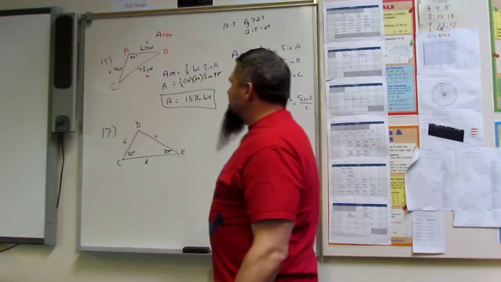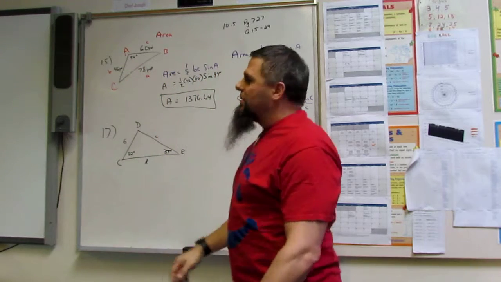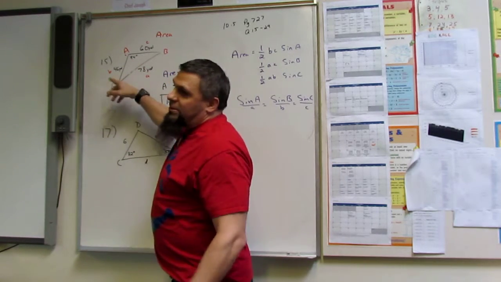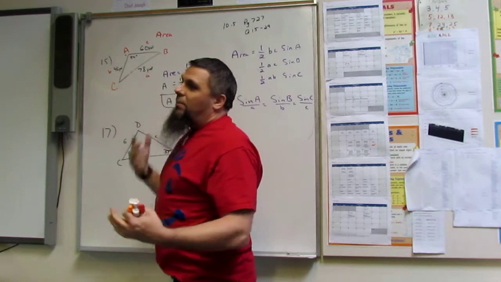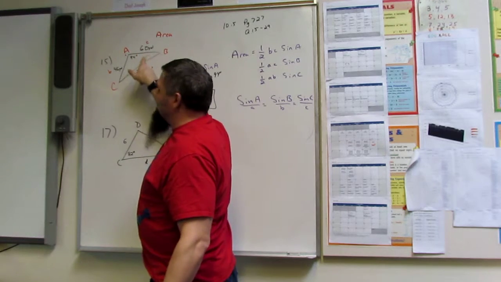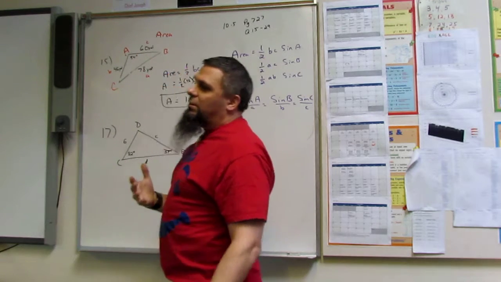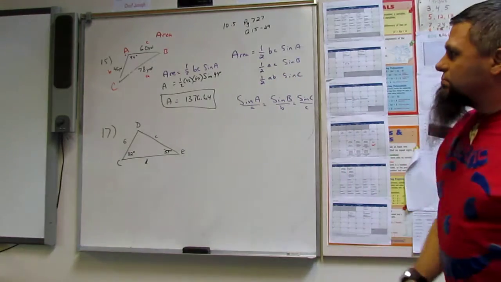Because it's the only one they gave me. If they had given me this one, I could have used that, or this one, but they didn't give those to me, and I don't know. I know they're not equal, so I don't know what their proportions are. So, okay.